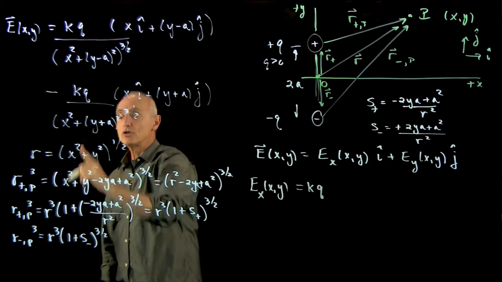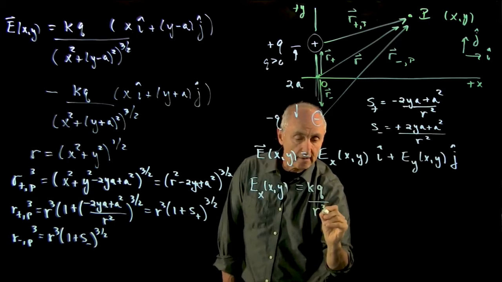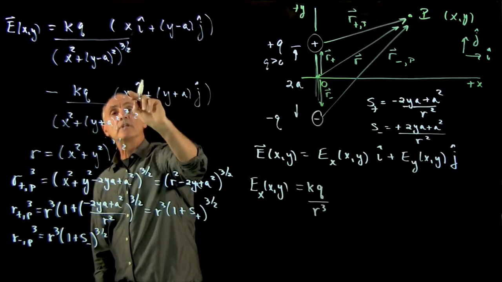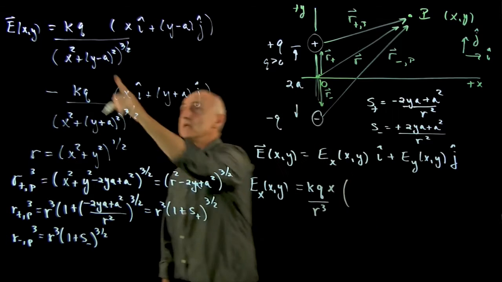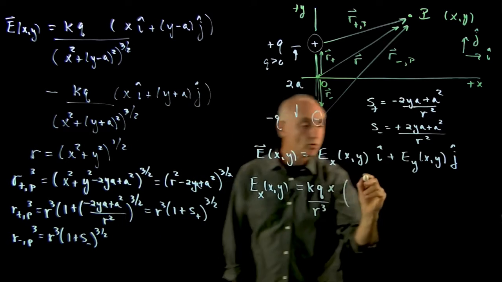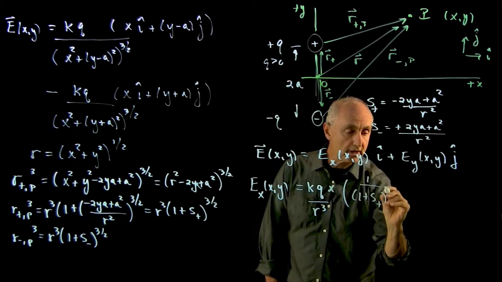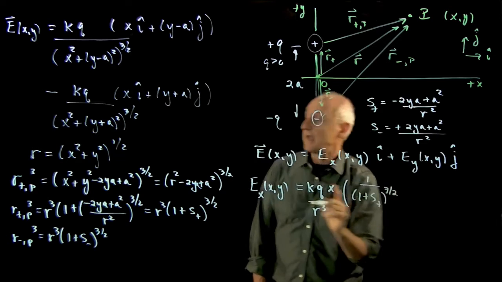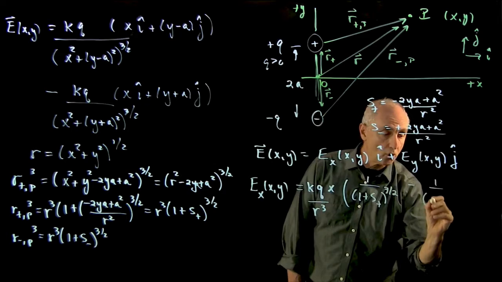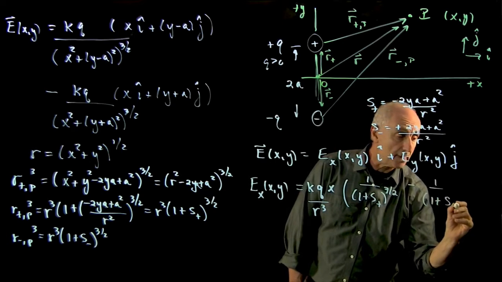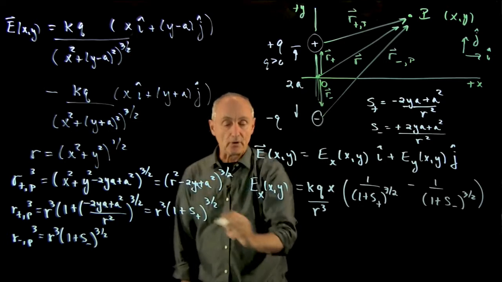In the denominators, both of them have an r cubed. In both numerators, there is an x. And the only difference is that the denominator here is 1 over 1 plus s plus to the 3 halves, and the other one is a minus 1 over 1 plus s minus to the 3 halves. And that's our x component.